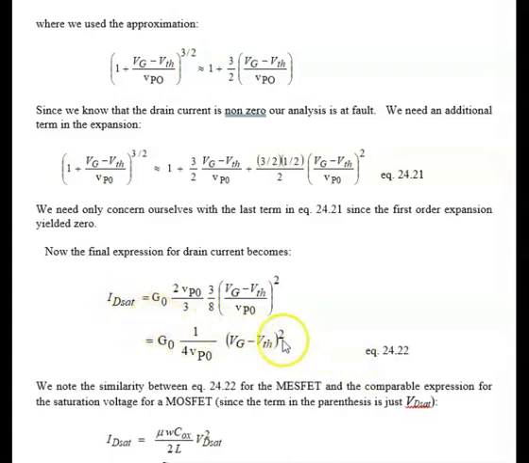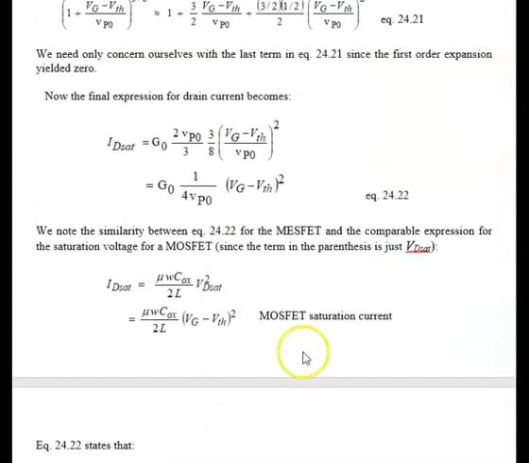IDSAT is equal to a square law in VG minus the threshold with some coefficient, and that is exactly what we had in the MOSFET: IDSAT for the MOSFET, coefficient multiplied by VDSAT squared.